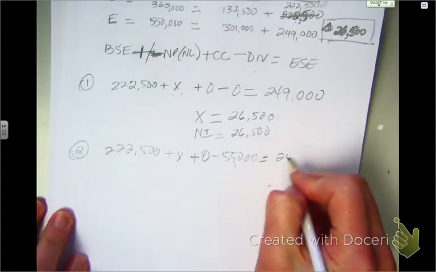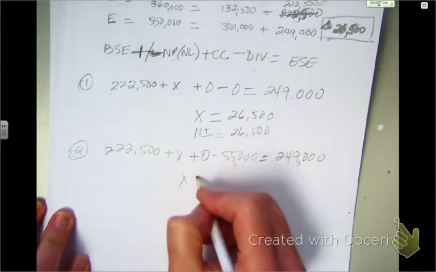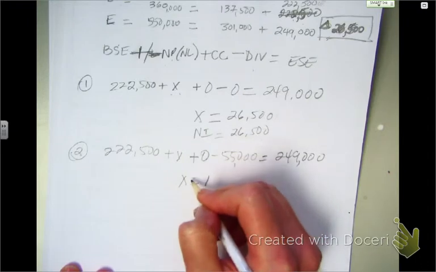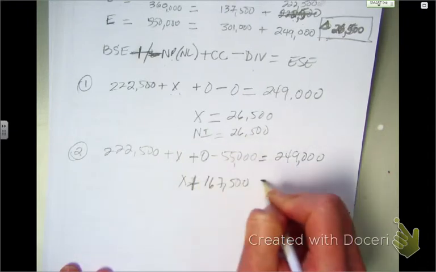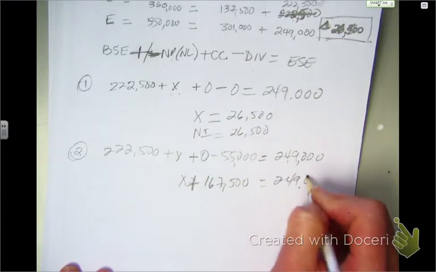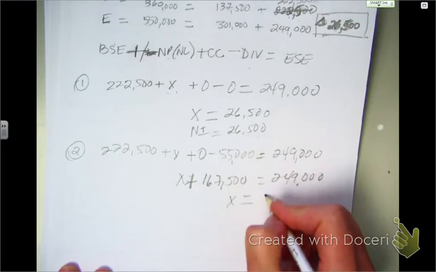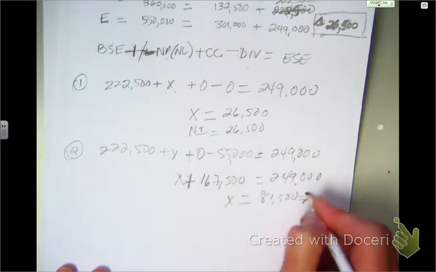Our ending is 249 still. X plus 167.5 equals 249. When we isolate it, and X is on the same side, we get 81,500. So this is our net income.